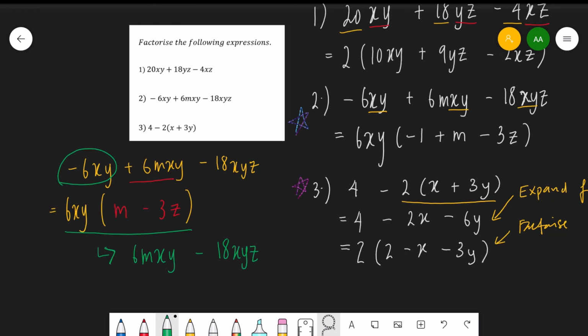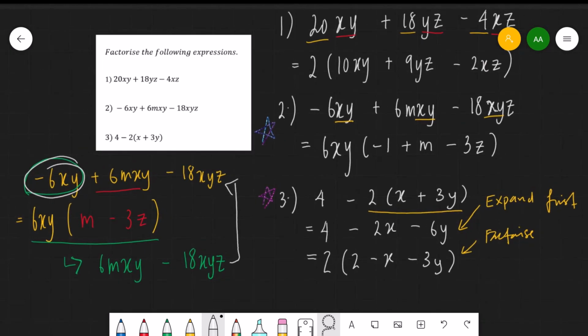You can see clearly that this is totally different from your question. What you're missing is this minus 6xy. We don't have this. So it is important that we have this minus 1 when we extract the same thing from the question itself.